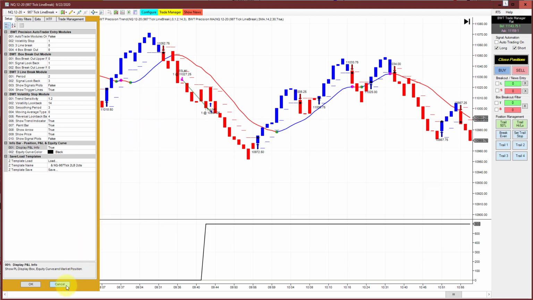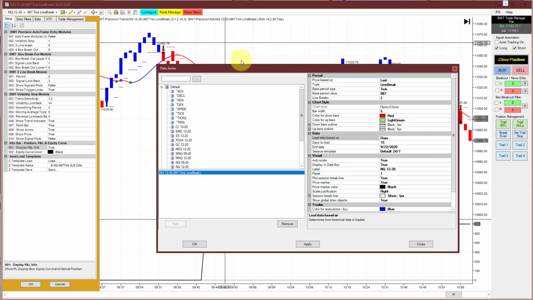I've been doing some research on line break trading, and I traded a new chart today, which is a 987 tick line break. It's a larger time frame than the 250 tick, and this is only 2 line breaks.